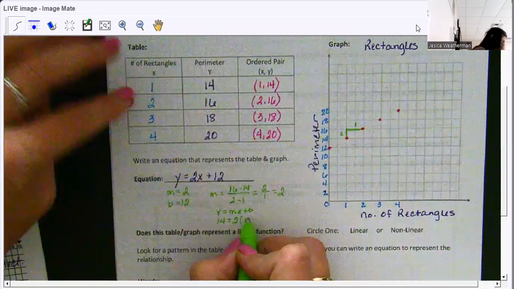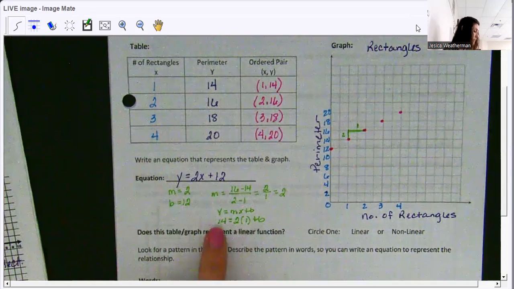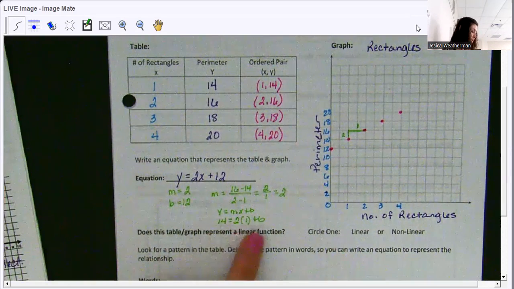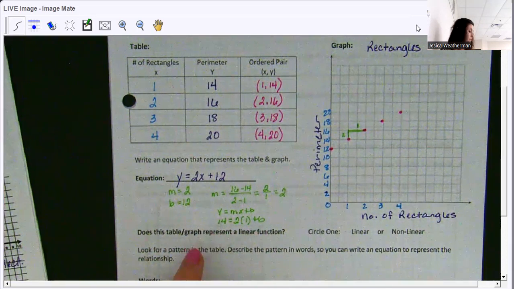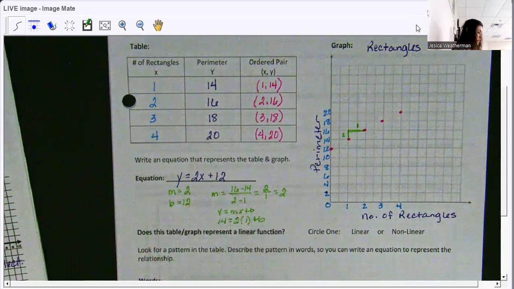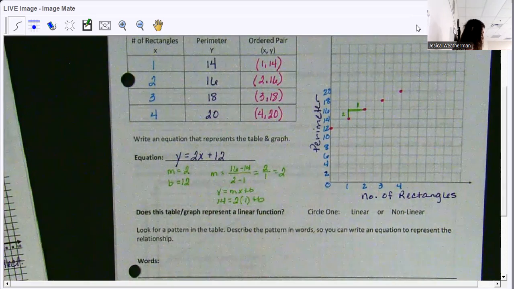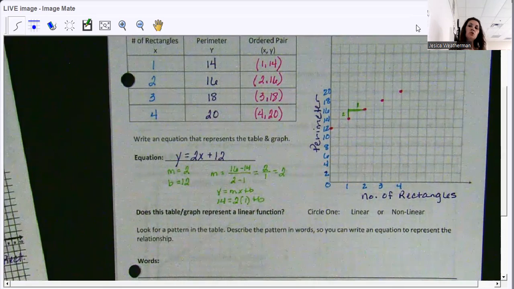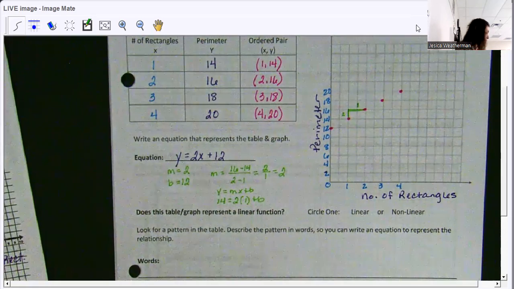My x is 1. And I can figure out my b this way. So you have 14 equals 2 plus b. You subtract 2 from each side, and you get 12. And that is our y-intercept. So I went quickly on that, but that's because we've already done that type of work in lesson 2-0, the pre-lesson before we got into the chapter.